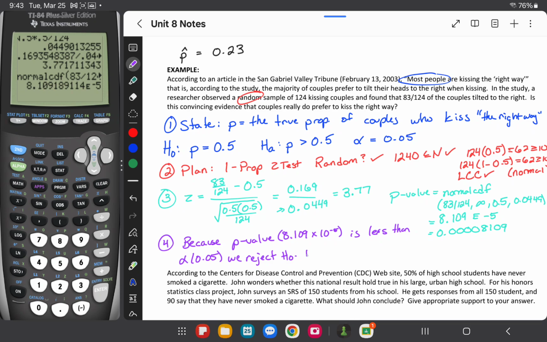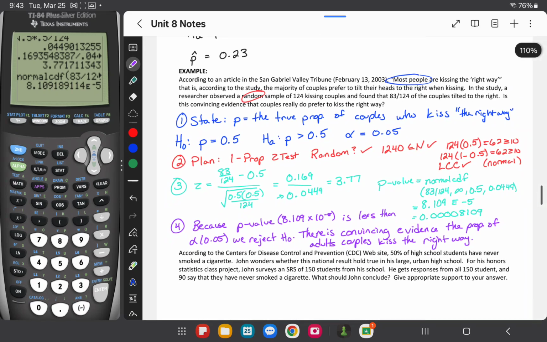In other words, there is convincing evidence towards our alternative, but let's make sure we put that in context. So there is convincing evidence that the true proportion of adults, and in this case adult couples, kiss, quote, the right way.